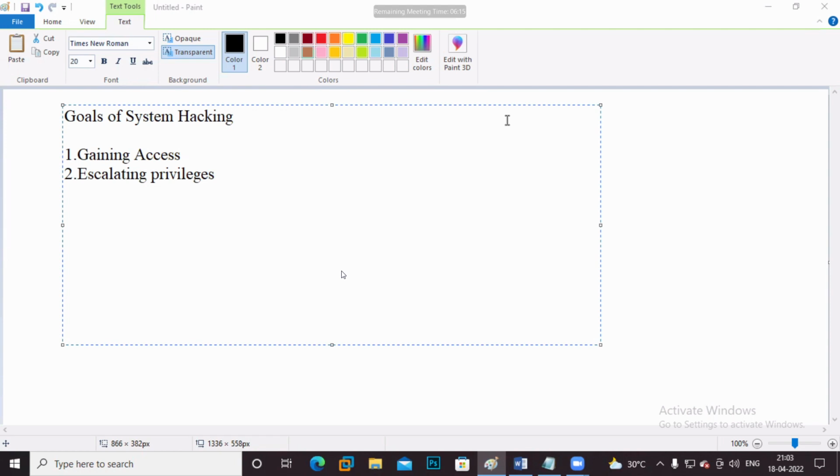What's the reason? The main reason is that there is a super user in your machine. That's a root user. Have you heard about root users, everyone? Yes, sir.